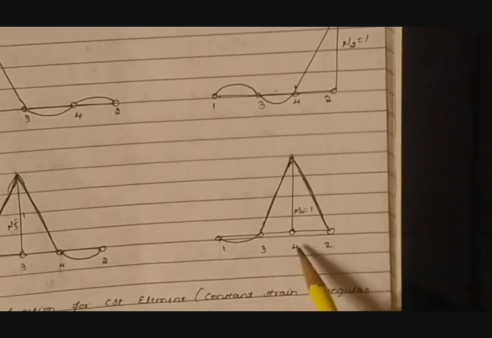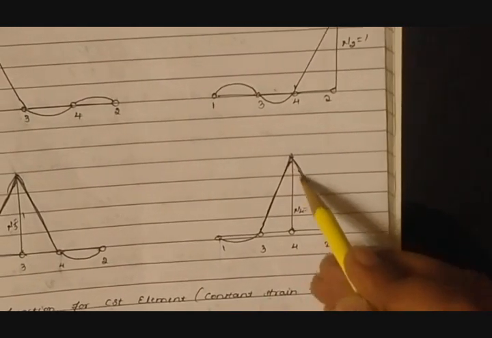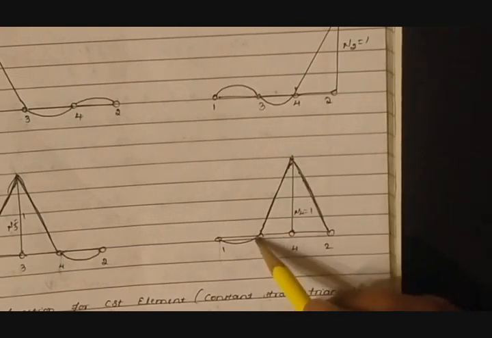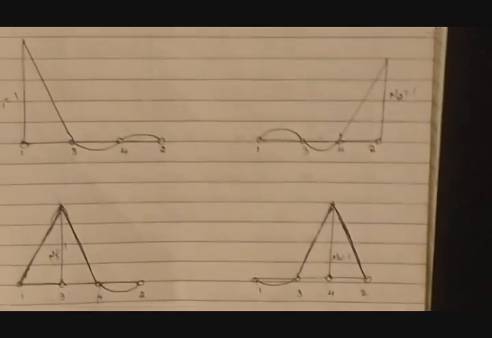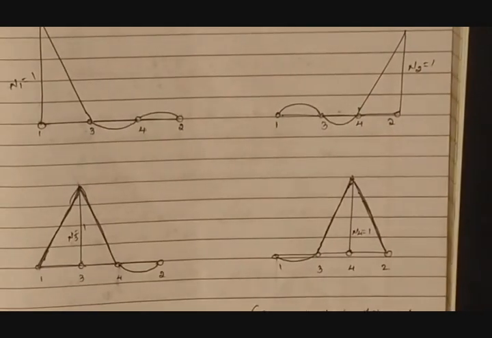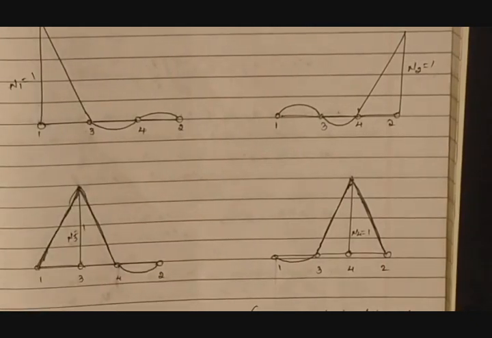Similarly, for node 4, N4 is 1, and at all the other nodes it is 0. Is this clear? So this completes the derivation of the Lagrangian polynomial shape functions. All these 4 derivations are very important.